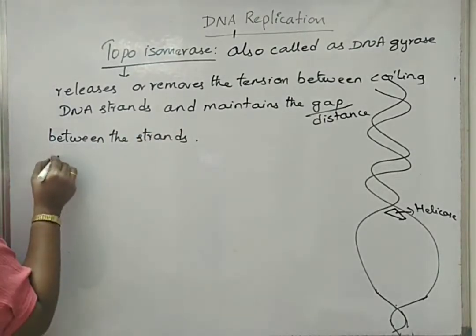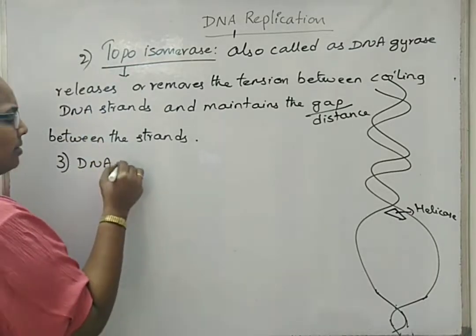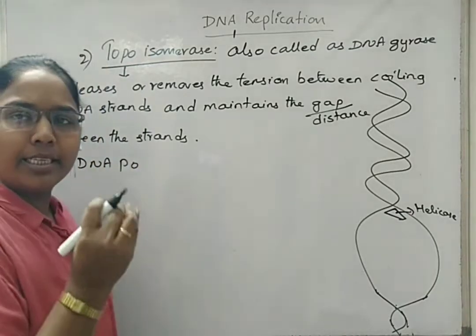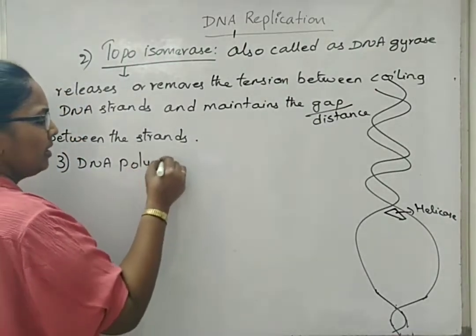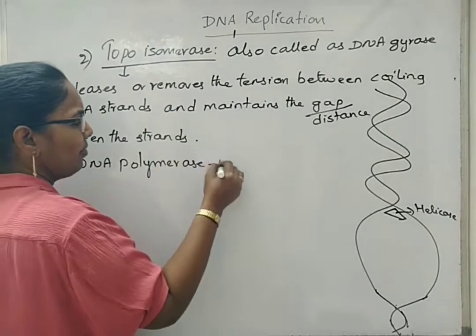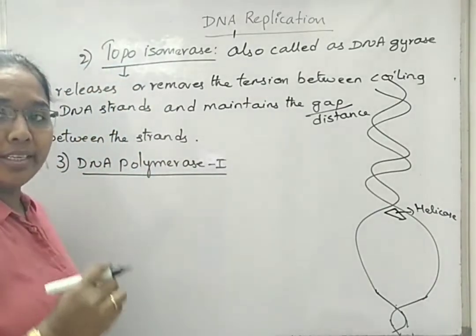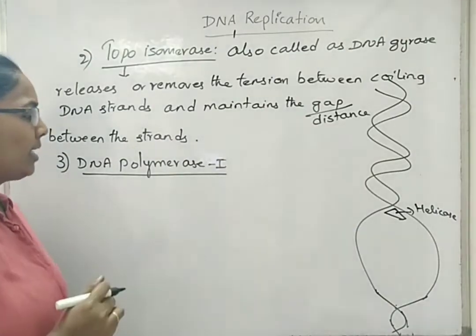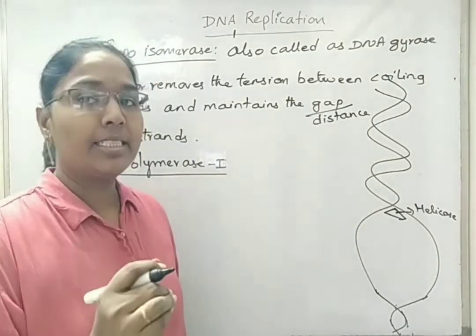The third enzyme is DNA polymerase. It is of three types, that is DNA polymerase 1, 2 and 3. So first one, DNA polymerase 1. DNA polymerase 1 is considered a very important enzyme for DNA replication and initiation also.